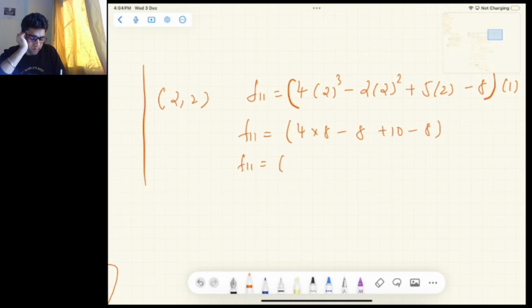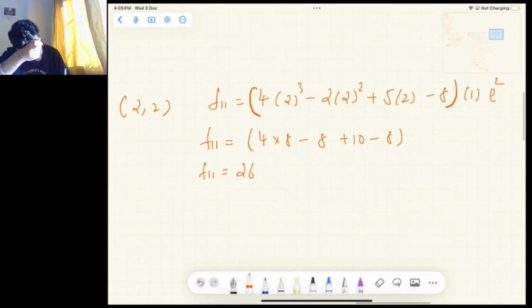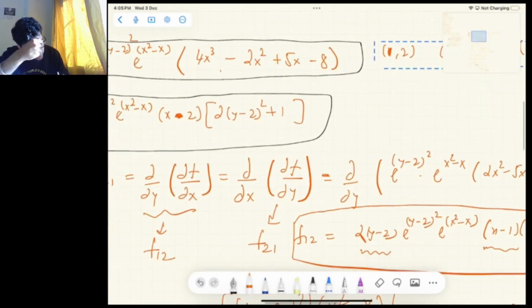So 32 minus 8 gives me 24 plus 10 is 34 minus 8 is 26. So 26. So basically this gives me 26 e square.